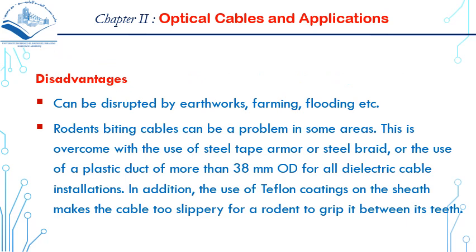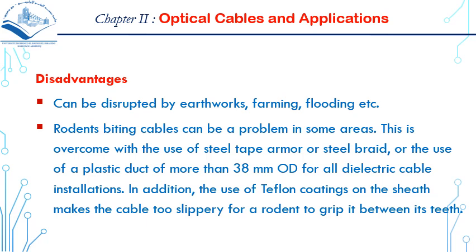Now for the disadvantages, we have, firstly, they can be disrupted by earthworks, farming, flooding, etc. Secondly, rodents, which are animals such as, for example, rats and mice, biting cables can be a problem in some areas.